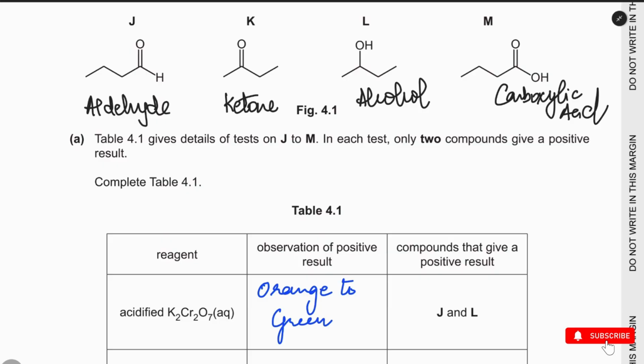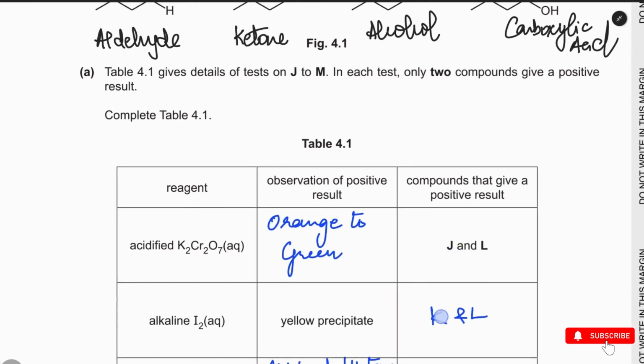So the only things which can get oxidized over here are aldehyde and alcohol, not the ketone and carboxylic acid. And when we see the potassium dichromate, it will change from orange to green. Okay, so this is the result. The observation will be orange to green because it gets oxidized.